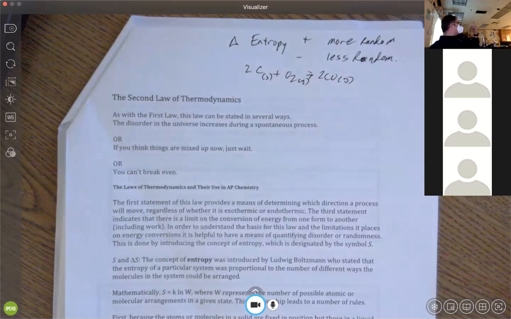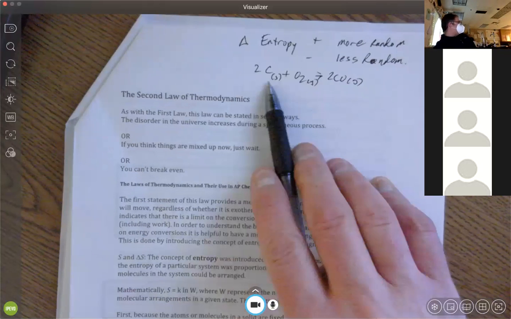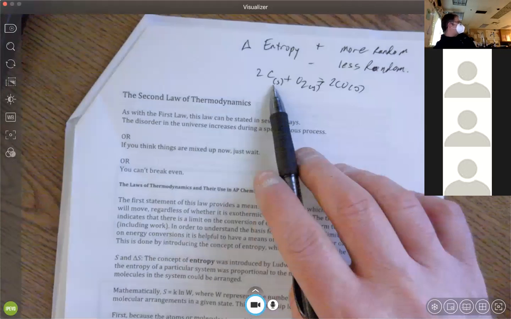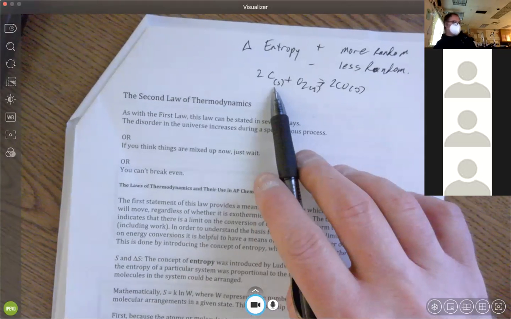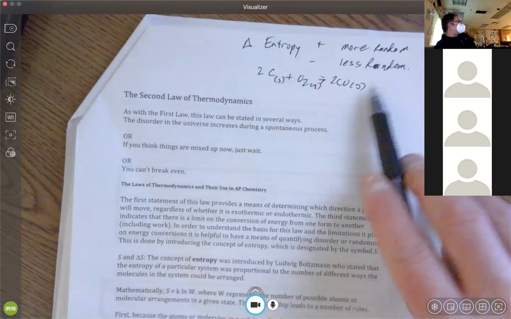It's only one thing now, right? So what else is happening? The solid would be the most uniform, right? The most organized. Yes, and it's going into a gas, which is making it less organized.